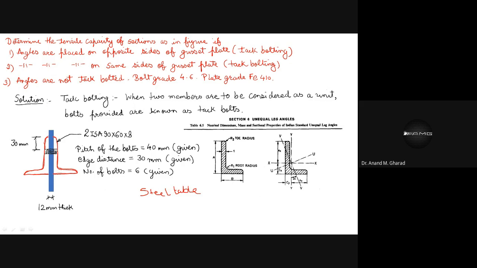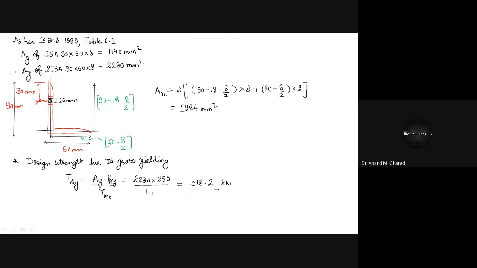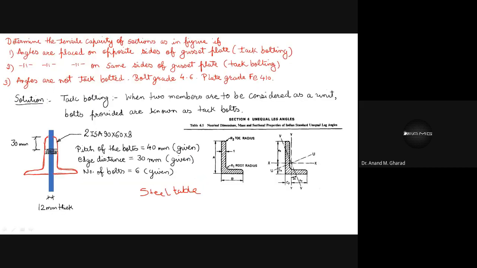You will get the steel table from the market. You can purchase it, or you can even make use of IS 808 1989, which you can easily download from the internet. You can make use of either of these.